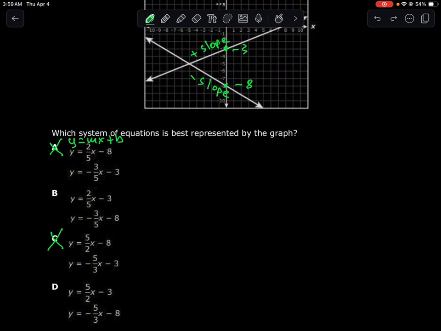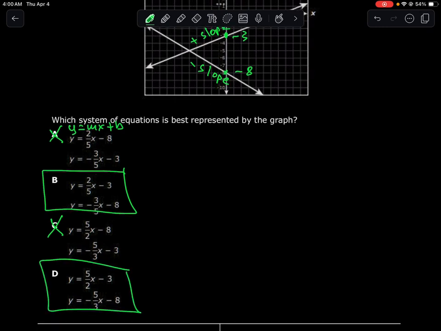Rise over run is good, but sometimes I may make mistakes on the sign, so I'm just gonna plug in option B and then option D and see which one is the correct one. y equals 2/5x minus 3 and y equals -3/5x minus 8. That's option B.